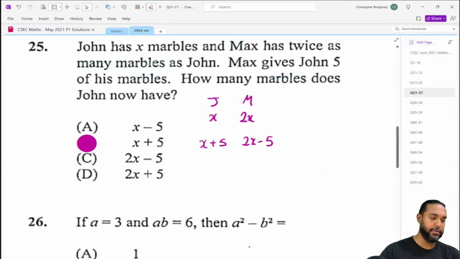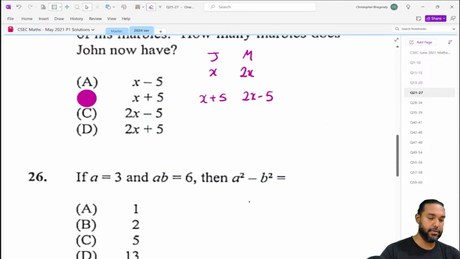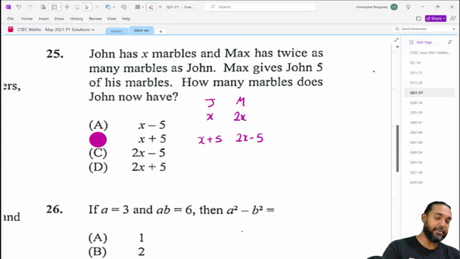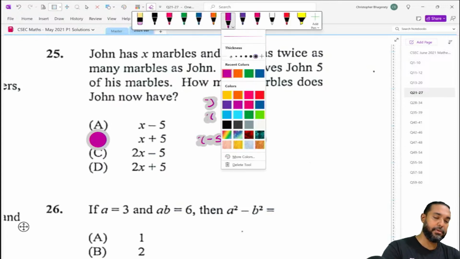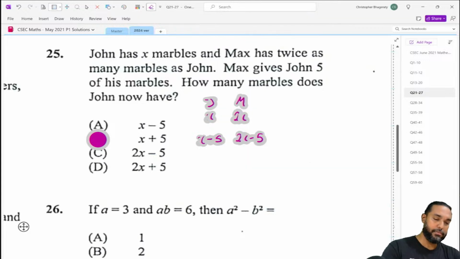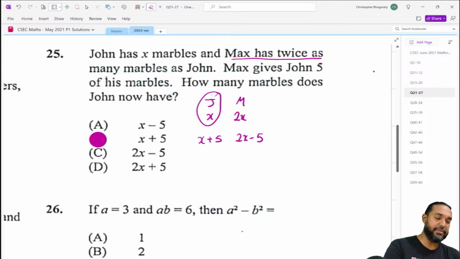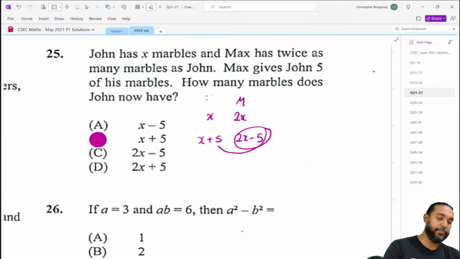Okay, cool. Chris, could you re-explain this one? Right, so John has X marbles, and Max has twice as many marbles as John, so that's 2X. But then Max gives John 5 of his marbles. So you're taking 5 from Max and giving it to John. So Max had 2X, and you're taking 5 from there and giving it to John.